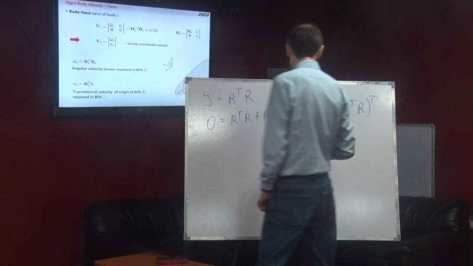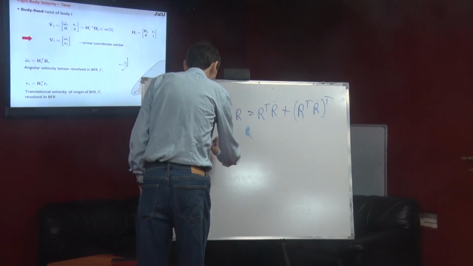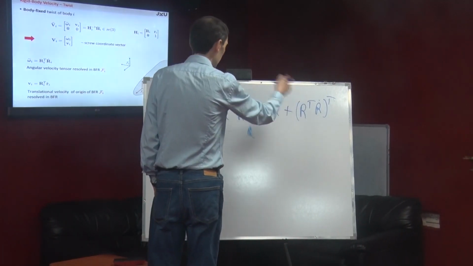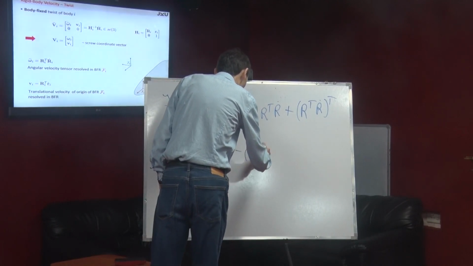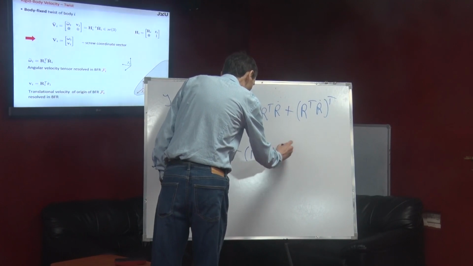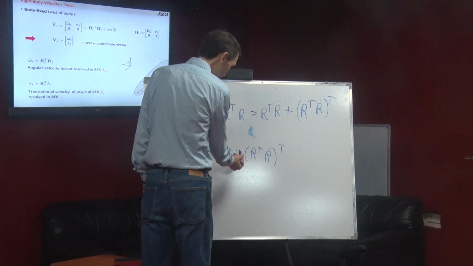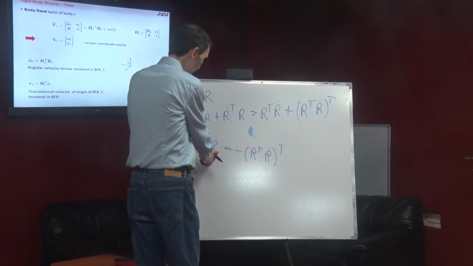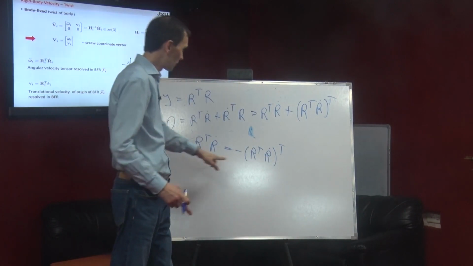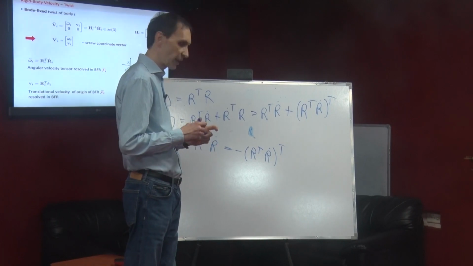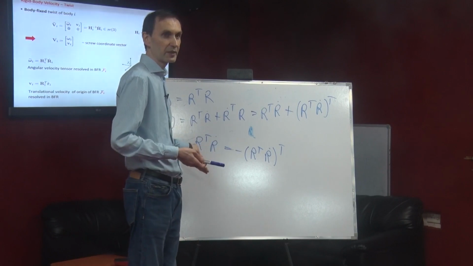So if I bring, for example, this one to the left-hand side, what we get is minus R transposed R dot, transposed. Which means that this is certainly skew-symmetric, because this is the definition. The transpose of this matrix is the negative of the matrix, which means this is skew-symmetric.